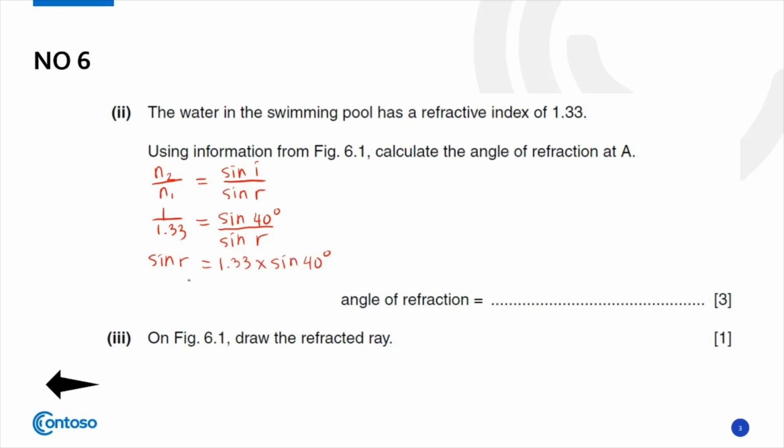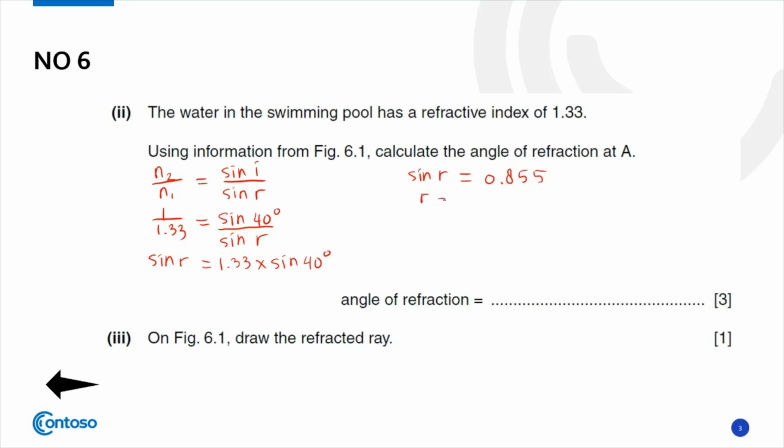To get the equation, you have to do the cross multiplication. So sine R equals to 0.855.